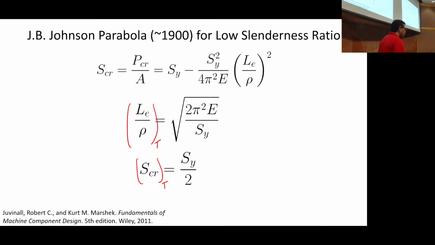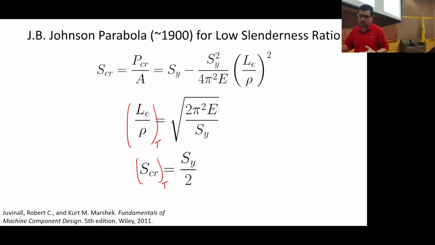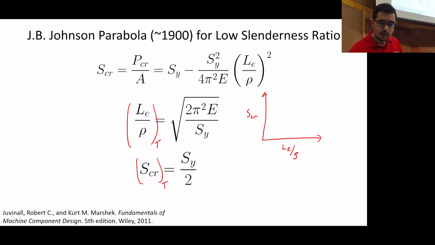When you're looking at the critical stress and the slenderness ratio, we have these two axes, and the Johnson parabola does a parabola thing.